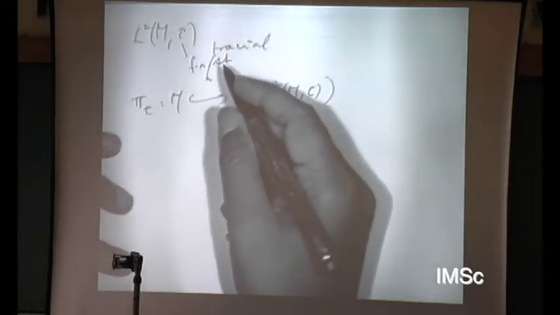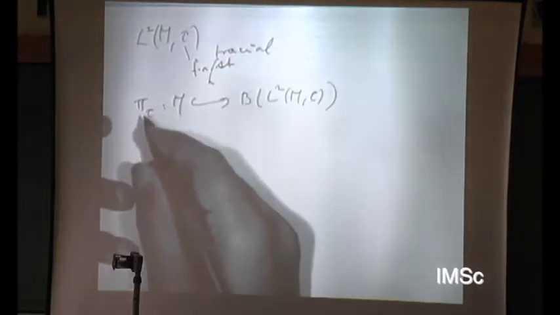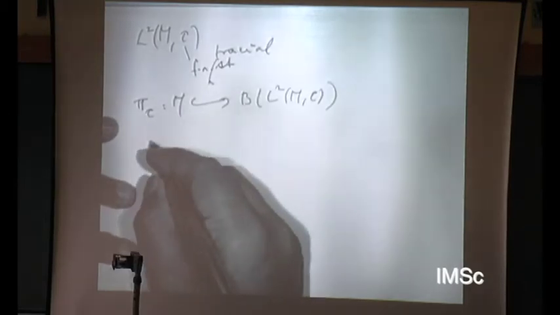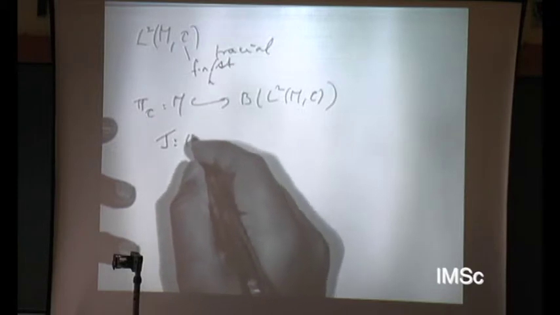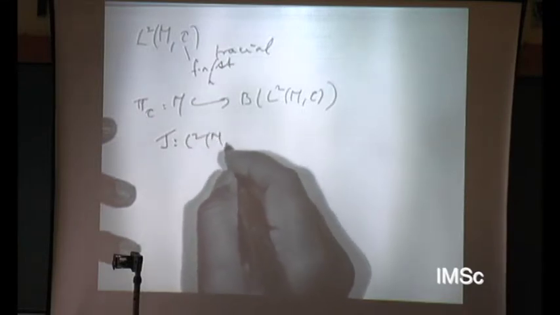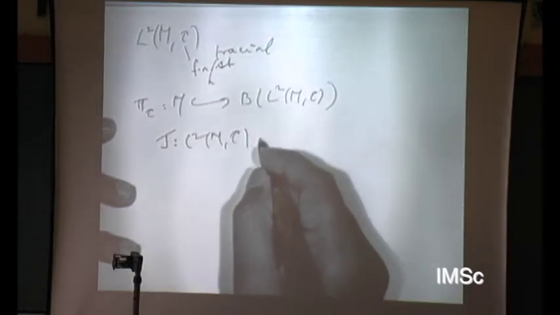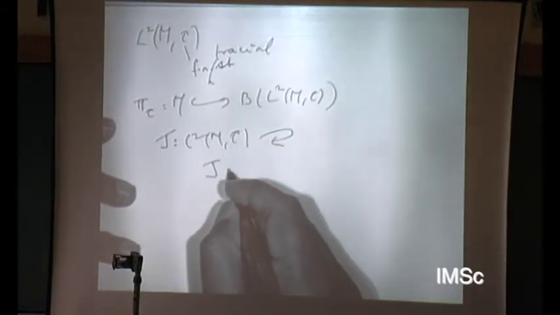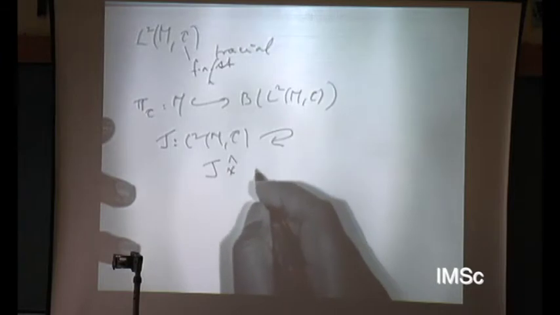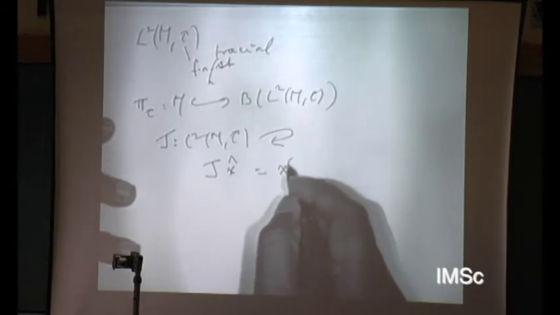And the way to see what I'm saying is, first we defined a mapping J from L2(M) to L2(M), such that J of x hat equals x star hat.